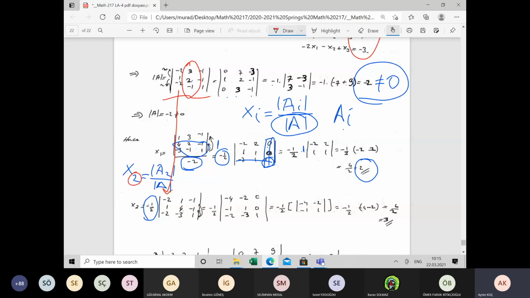And the last one, x3 is equal to A sub 3 over determinant of A. Determinant of A is 1 over 2 minus. So A sub 3: first row, first column the same. Minus 2, 1, minus 2. The second one the same. Because look at the coefficient matrix.